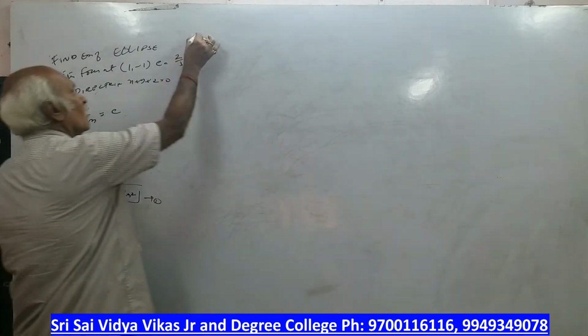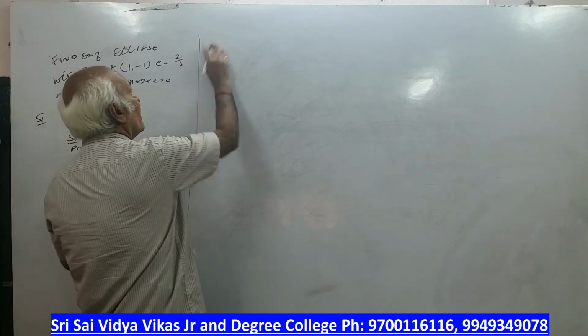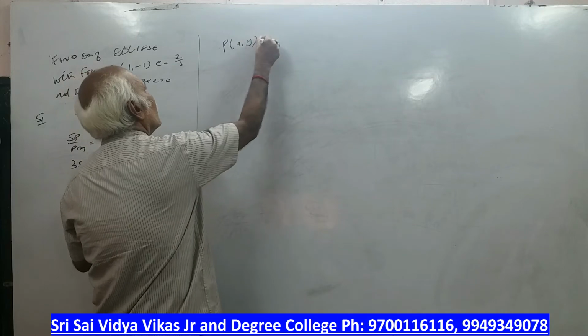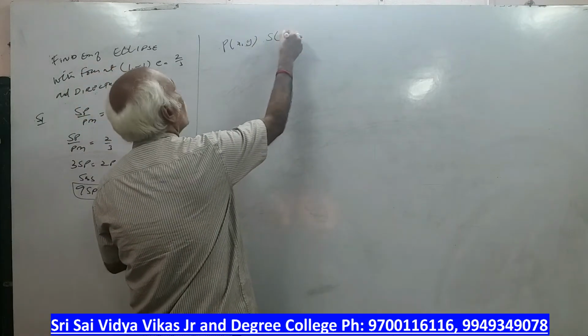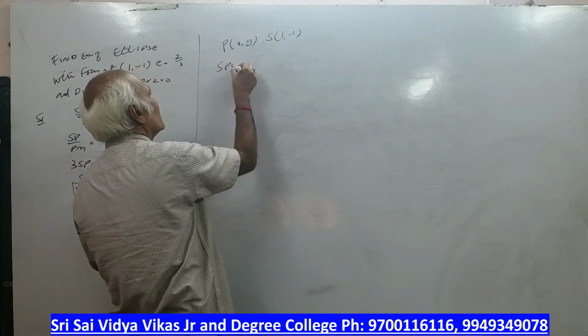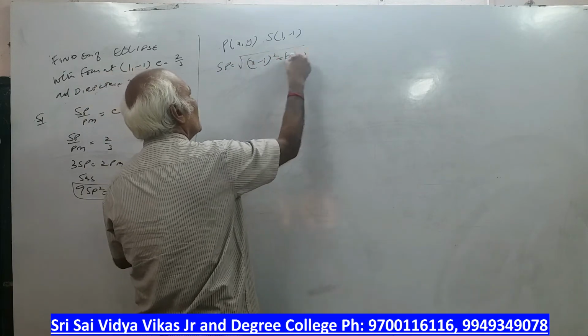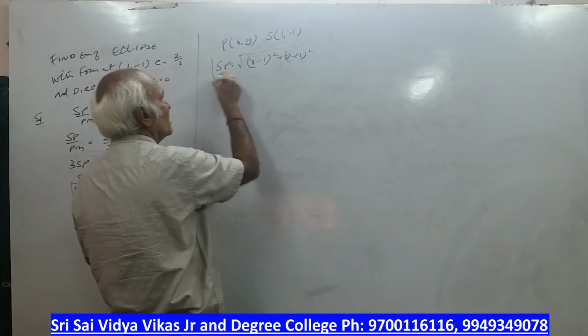Now the point is (x, y). The S value is (1, -1). What is SP? By the distance formula, (x minus 1) whole square plus (y plus 1) whole square.